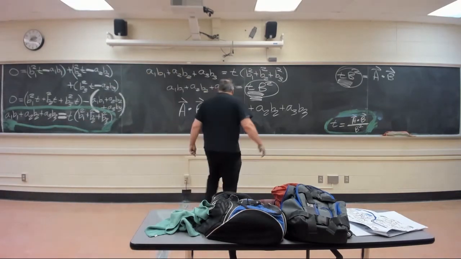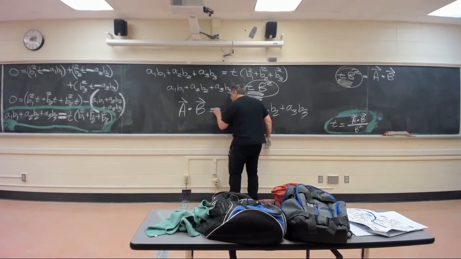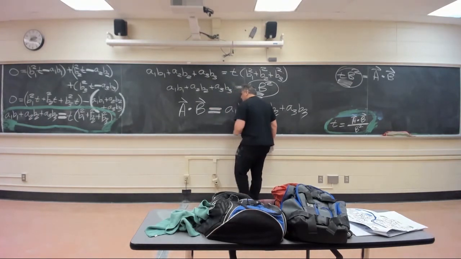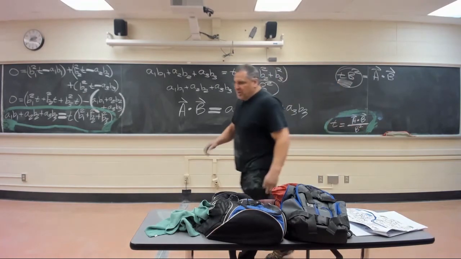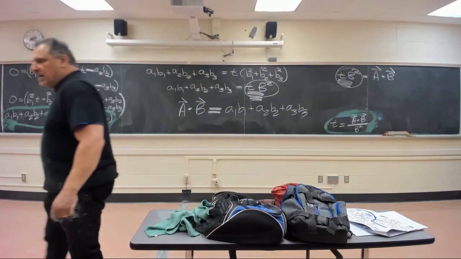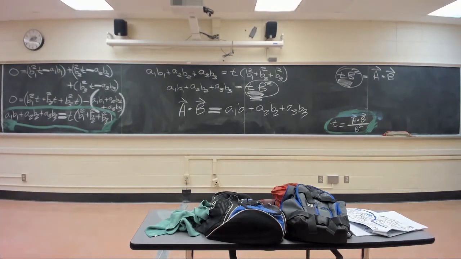I mean, in the trivial case that the vectors are right on each other, it's just magnitude of A times magnitude of B. But still works. Now, you got to watch it a little bit, though.